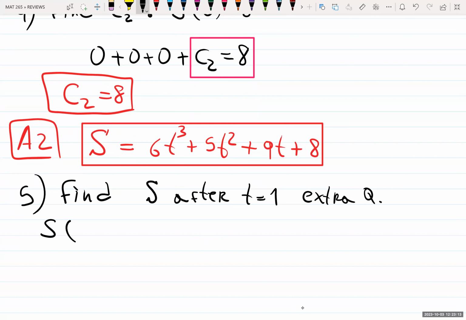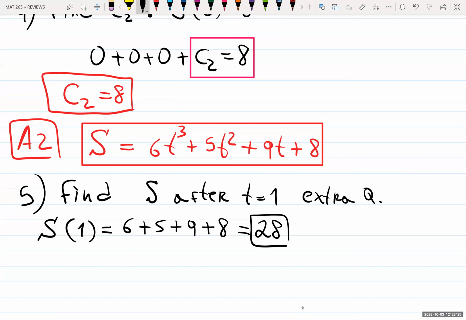That means they want you to plug 1 into your answer: 6 plus 5 plus 9 plus 8, which is 11, 20, 28. That's an extra question if you need to do it. You don't have to do it. And that's going to be answer 3.